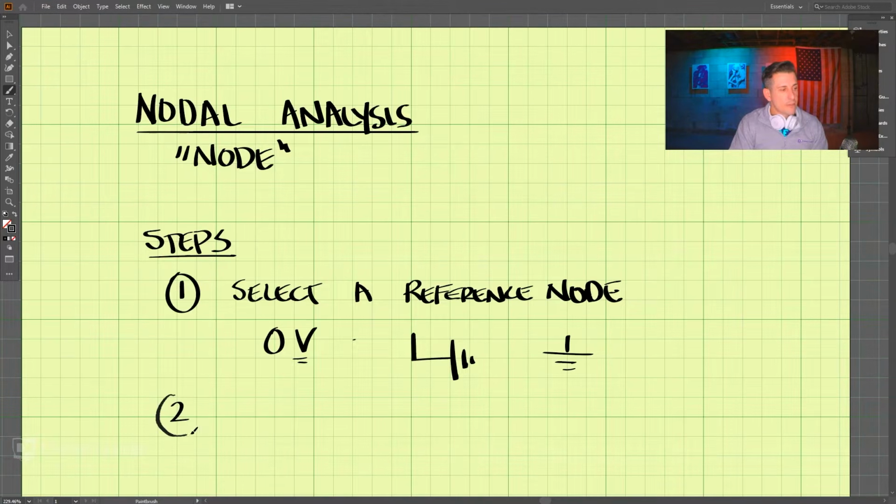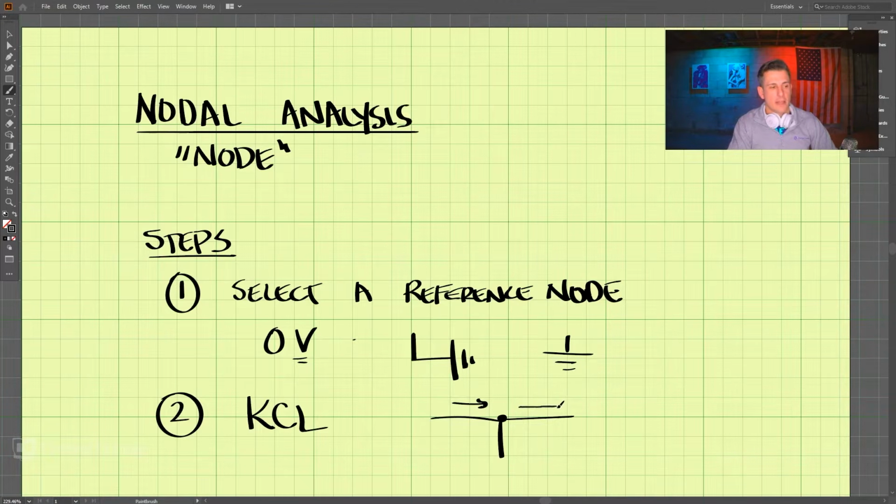And then step 2, we use KCL, Kirchoff's current law. So if you remember, we take a look at a node and we look at the currents coming in and the currents going out. So we analyze that.